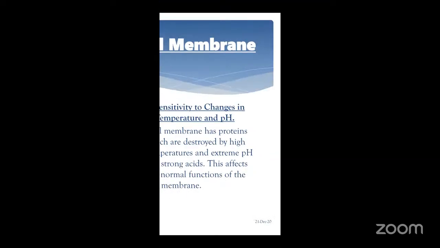We also went ahead and talked about the other characteristic or feature of a cell membrane, which is that a cell membrane has both positive and negative charges. So the feature here is possession of electric charges, or we can also say it is polarized.